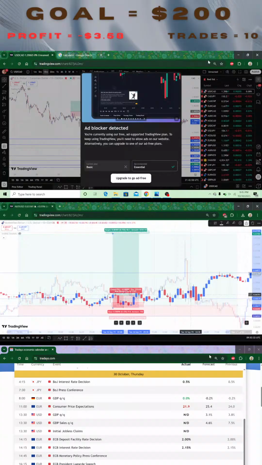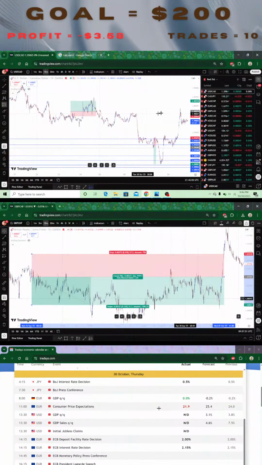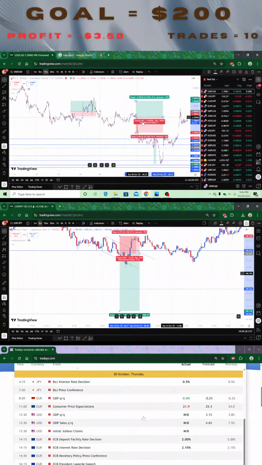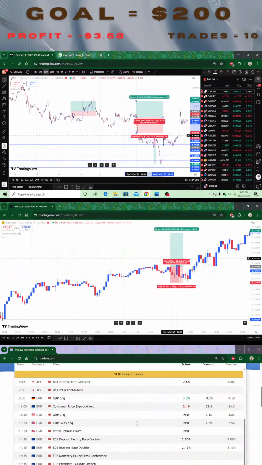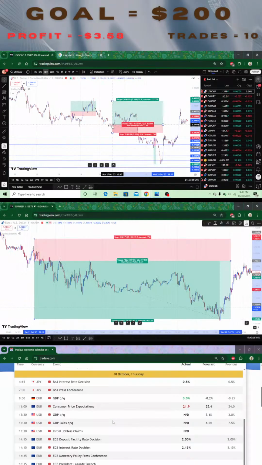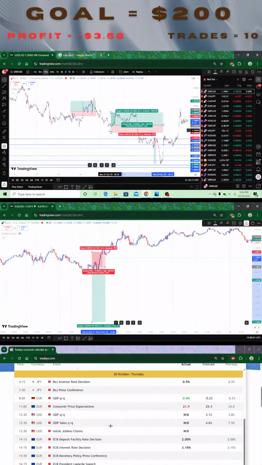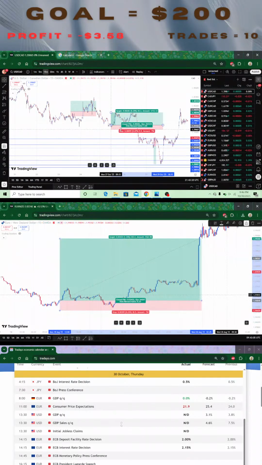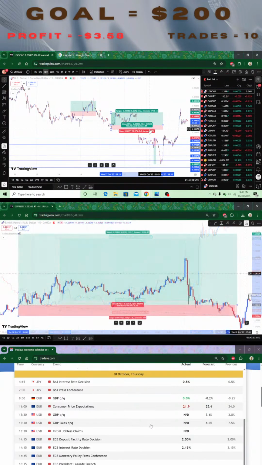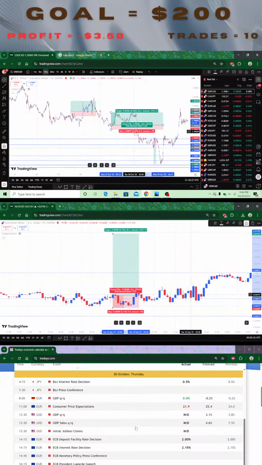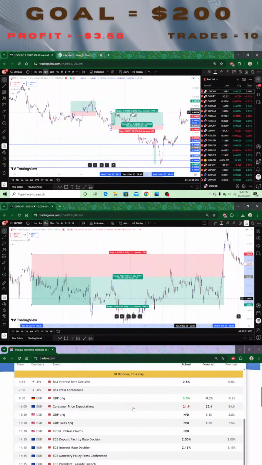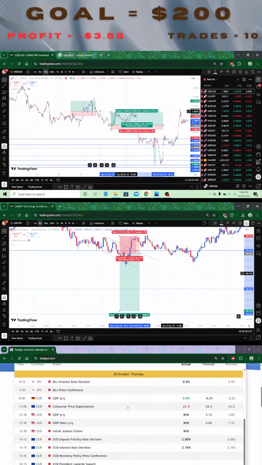Maybe you're not really understanding, so let me explain it here. Let's just say something like this. As you can see, the stop loss is 99 pips, which is 9.9 points, and the take profit is 282 pips, which is 28 points.